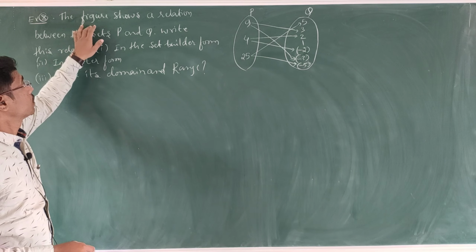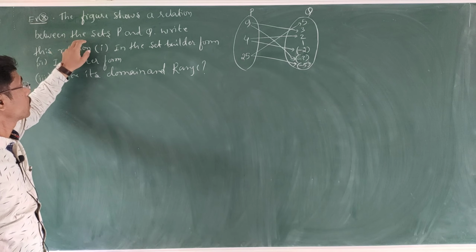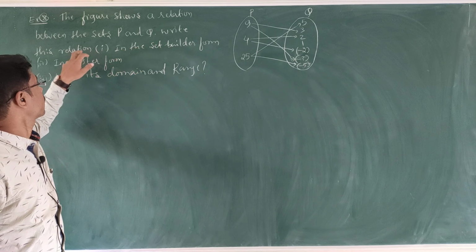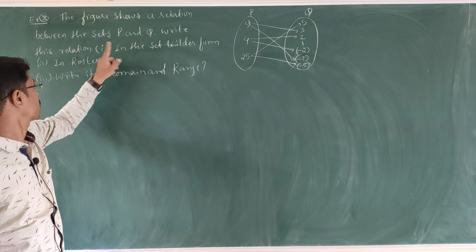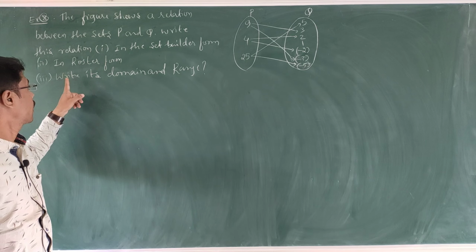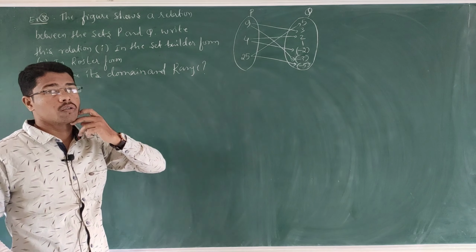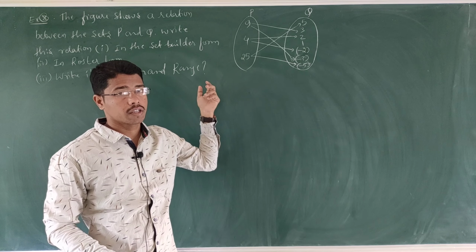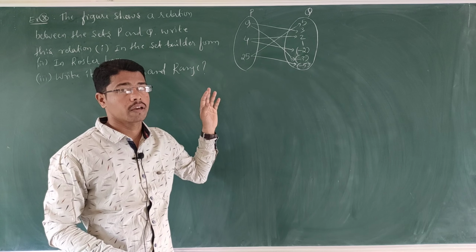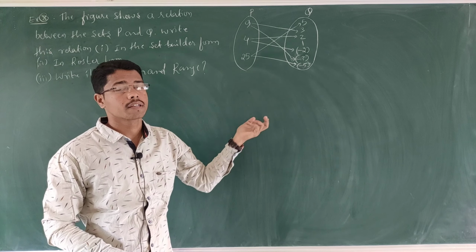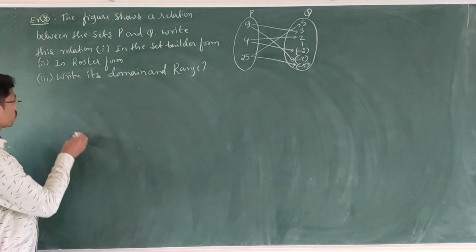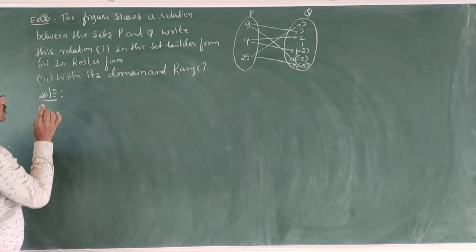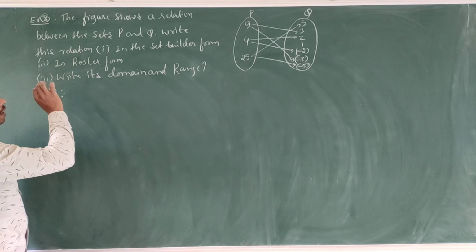Example 8. The figure shows a relation between the two sets P and Q. So this is the figure. Write the relation in set builder form, in roster form, and write its domain and range. By referring to this diagram, we have to write the relation in roster form and set builder form, and also the domain and range. Okay, solution. First write the relation.